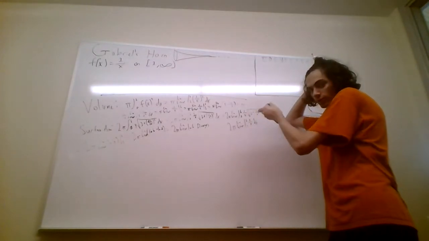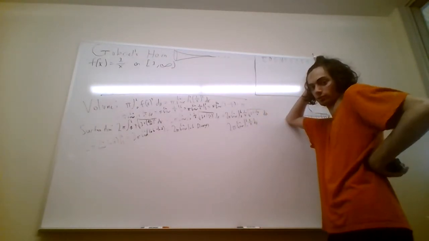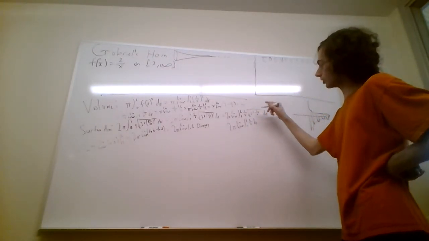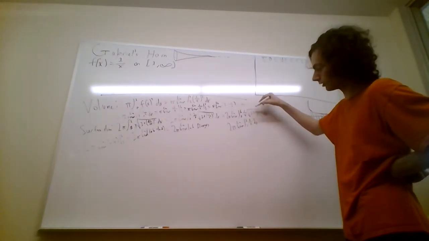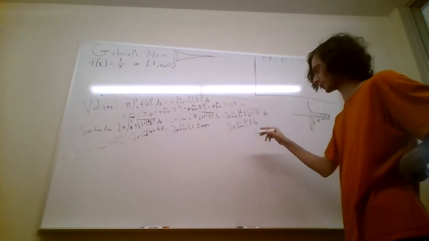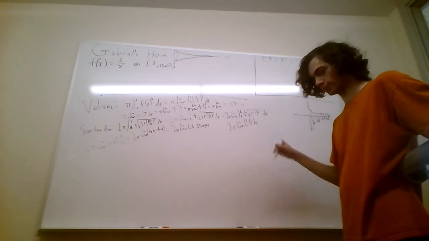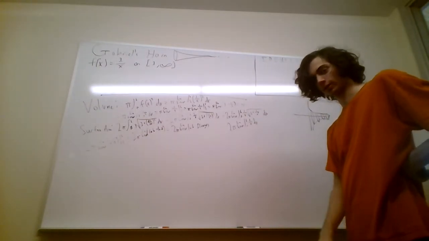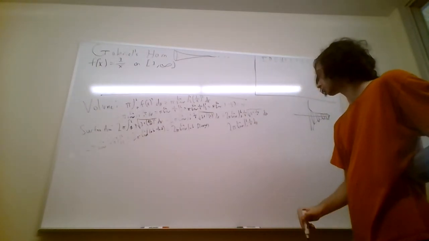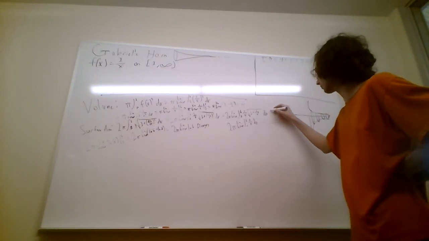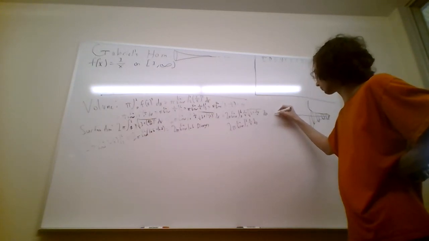Add that to 1, it's greater than or equal to 1, take the square root, same thing. So you can imagine multiplying a diverging integral by something bigger, and that will never converge. So the surface area integral diverges.